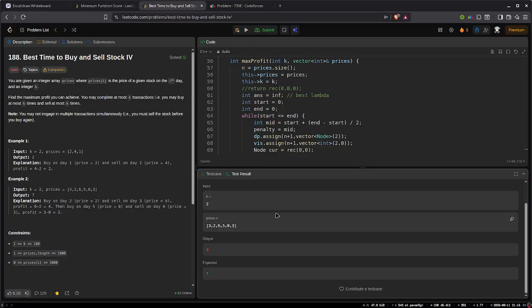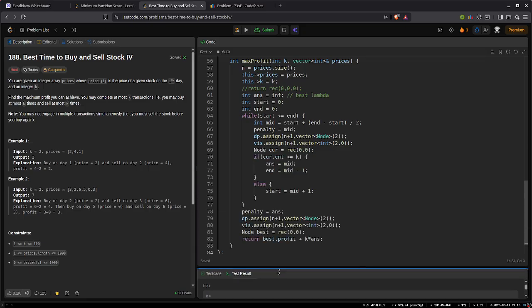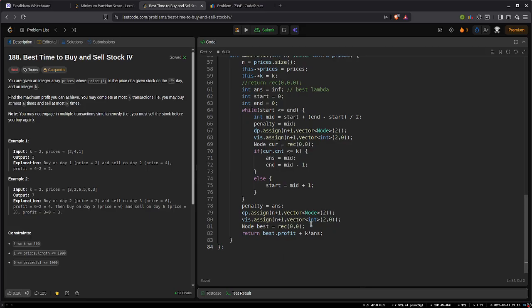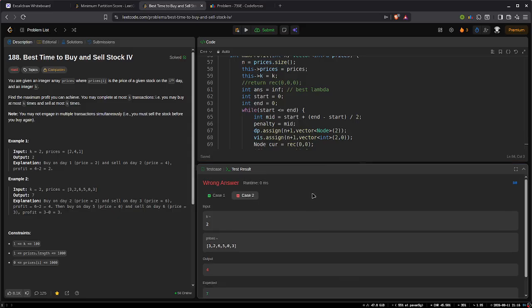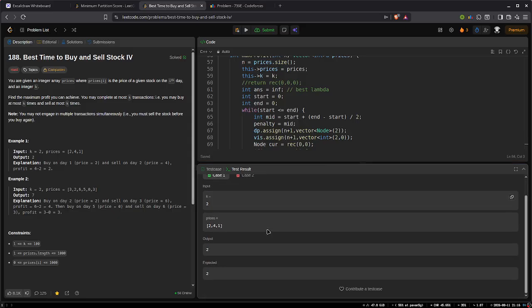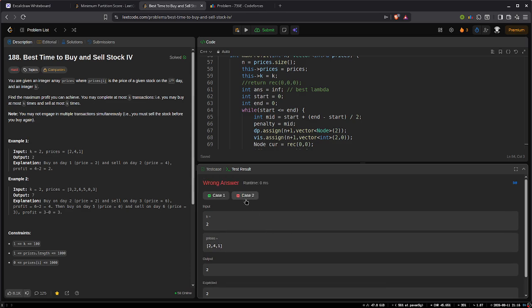Wrong answer. What's wrong with this? First one works, second one, what's wrong with this?